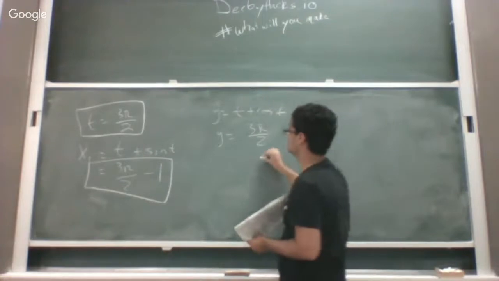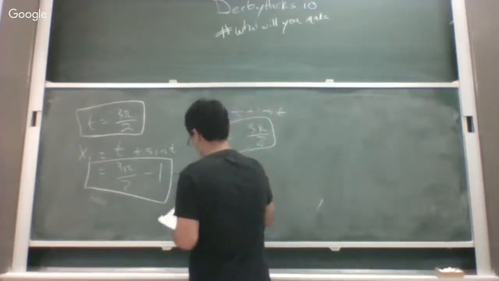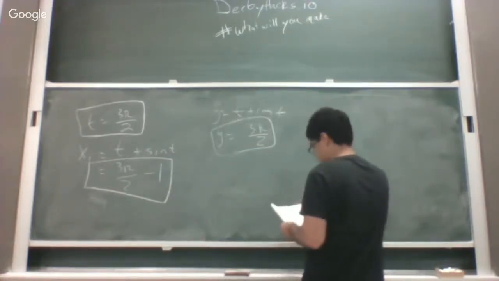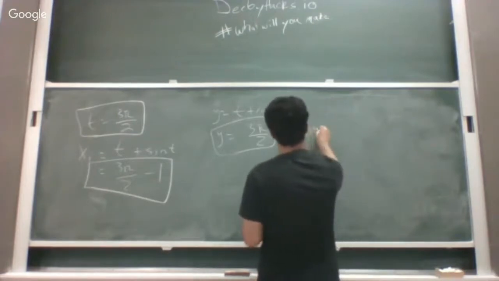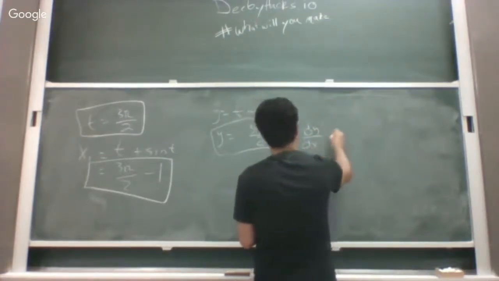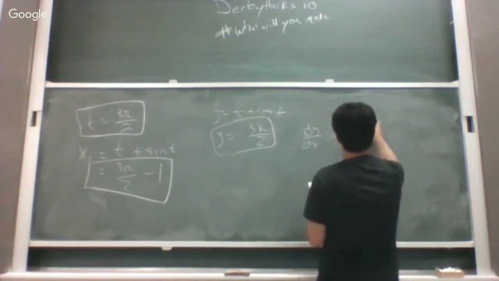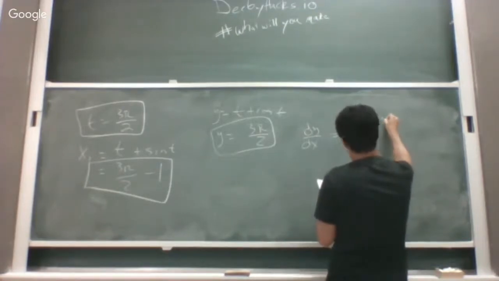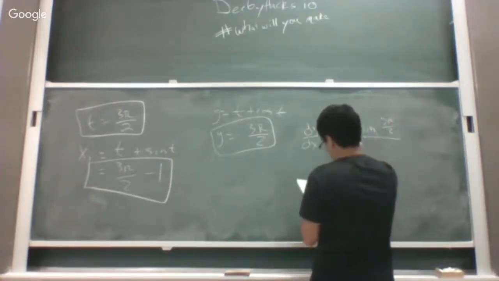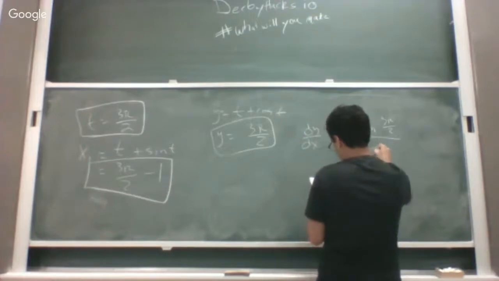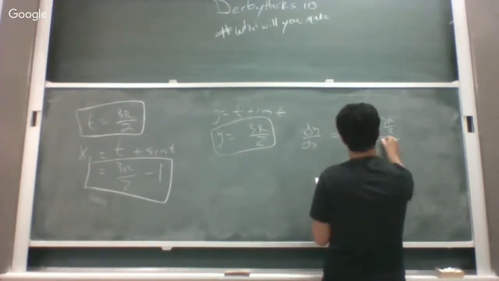So now we have two coordinate points. dy over dx, which is the slope, is equal to 1 minus sine of 3 pi over 2 divided by 1 plus cosine of 3 pi over 2.